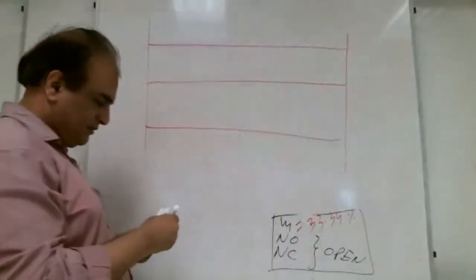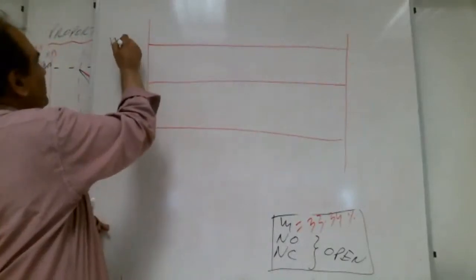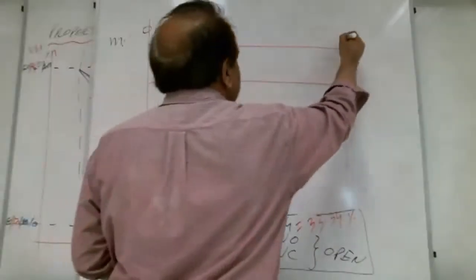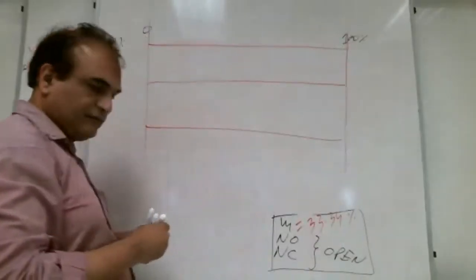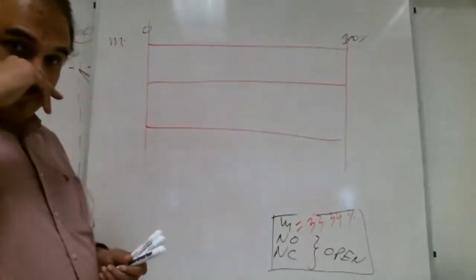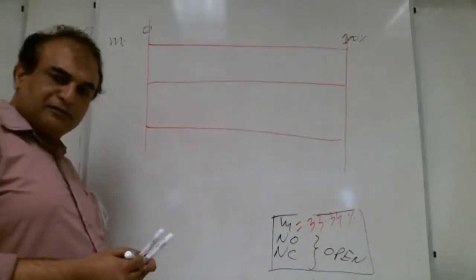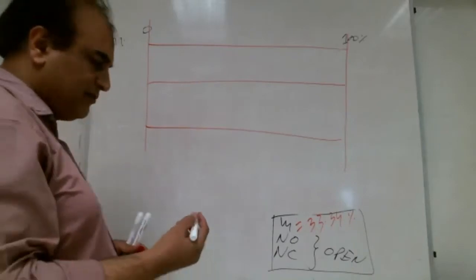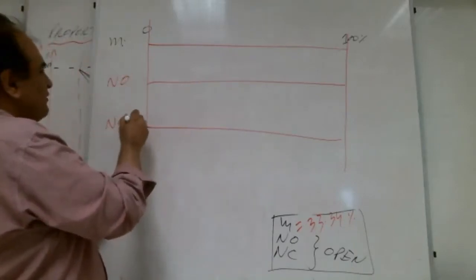Remember these ones? Output goes from 0 to 100%. Shabab with me? That's good. So normally open valve, normally closed valve.